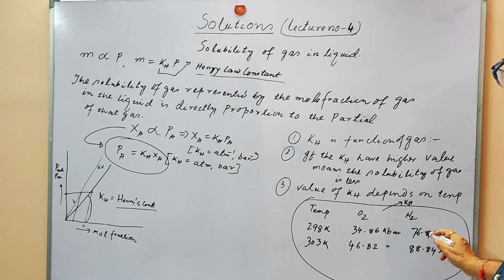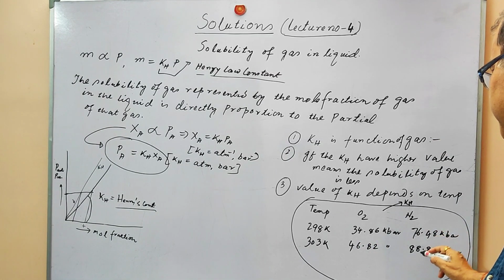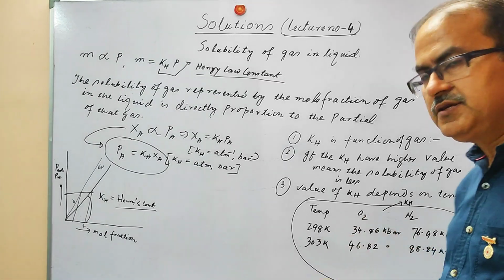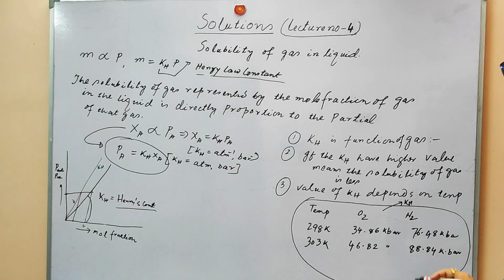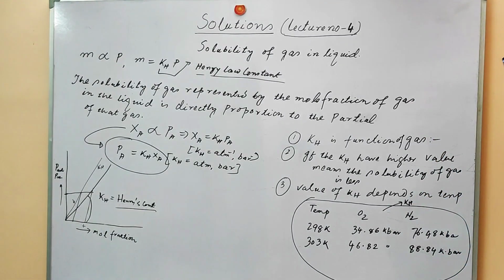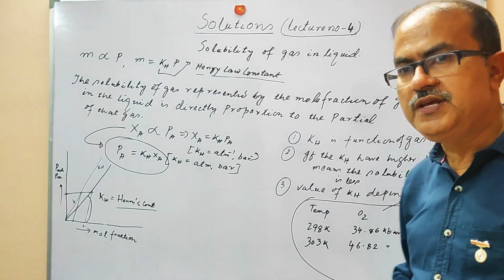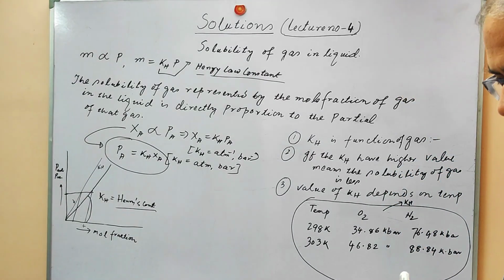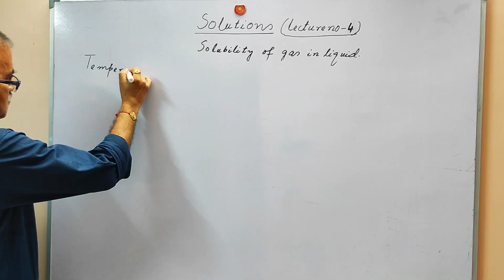In nitrogen also, you see 76.48, and when you increase the temperature to 303 Kelvin, it will be 88.84 kilobar. So with temperature, from this we can understand the solubility of the gas is going to reduce.